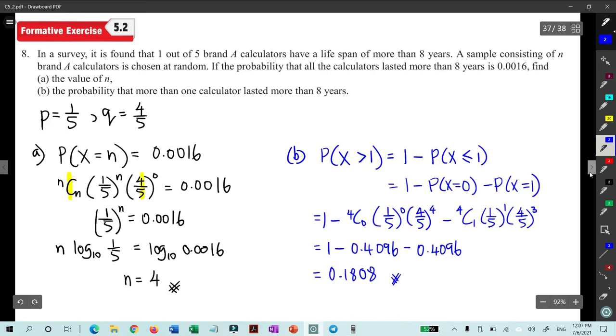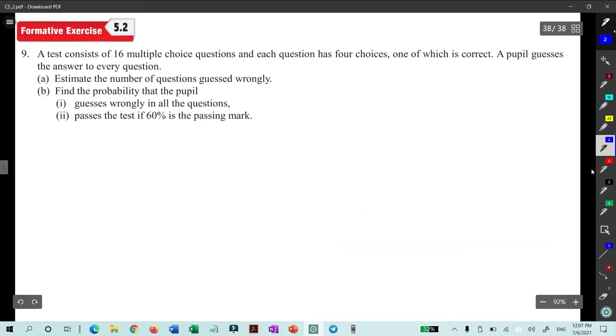Okay, let's move to the last question. A test consists of 16 multiple choice questions, and each question has 4 choices, one of which is correct. A pupil guesses the answer for every question. A. Estimate the number of questions guessed wrongly.